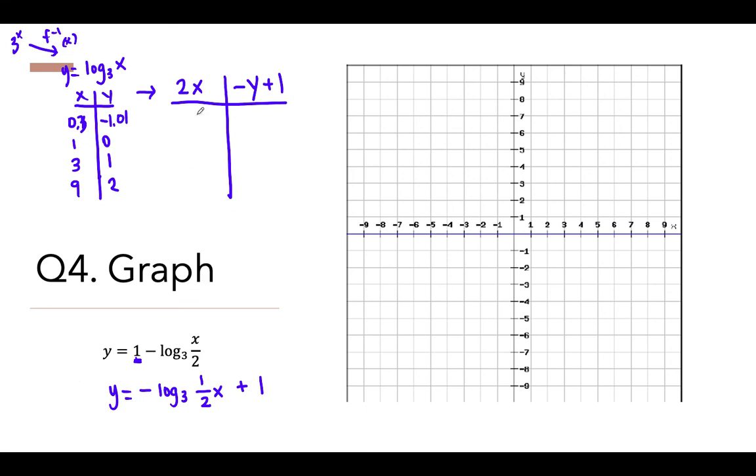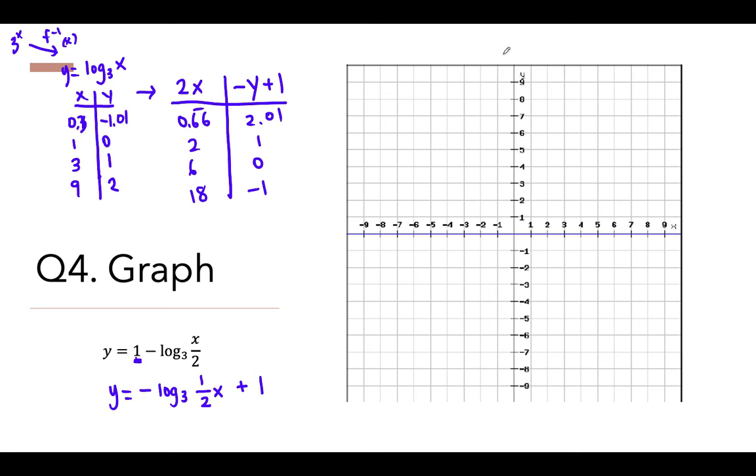So let's plug in the points. 0.3 times 2 gives 0.6. It's 2, 6, and 18. And let's plug it in. Negative becomes positive. So it's 2.01, 1, 0, and -1.